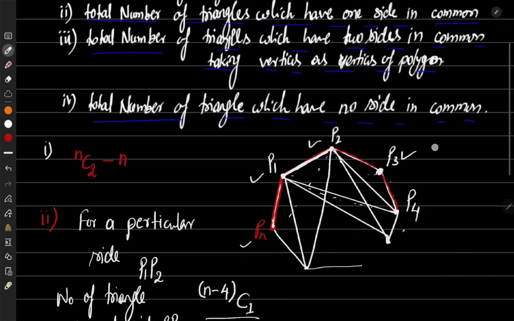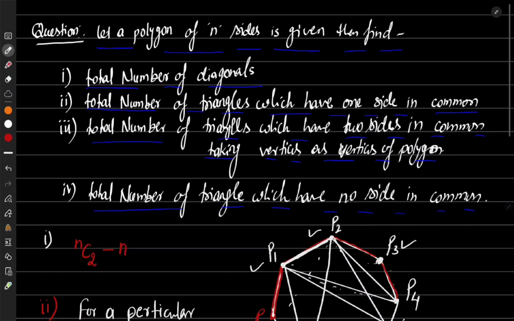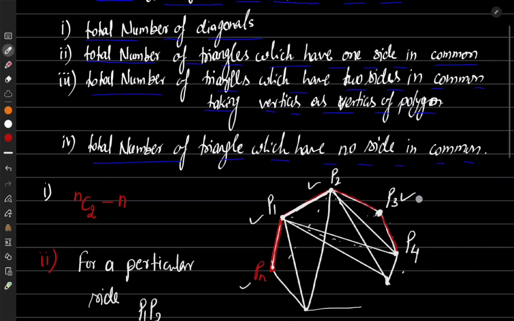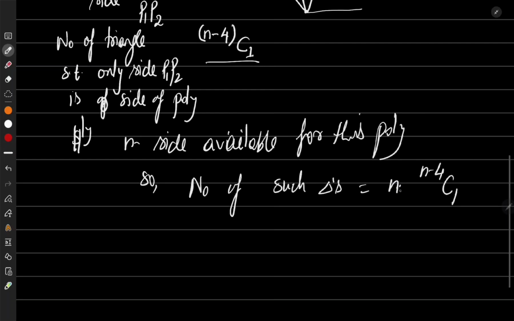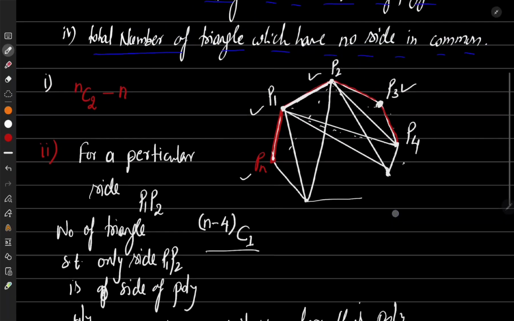Clear? We'll see the third one, total number of triangles which have two sides in common. Also very clear it is, and easy again I'll say. As you are choosing any particular P1, P2, so that only one side P1, P2 is common with the triangle. Okay, P1, P2 side of the polygon is common in all the upcoming triangles you are going to form.